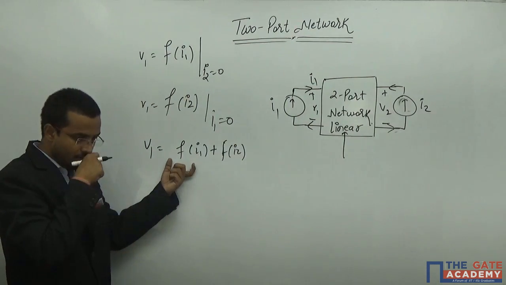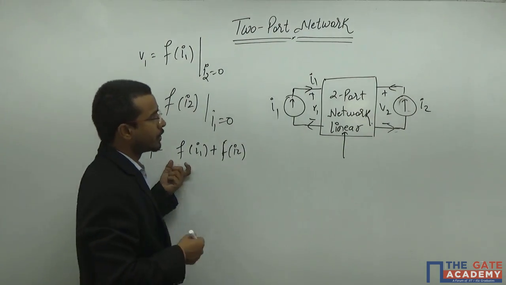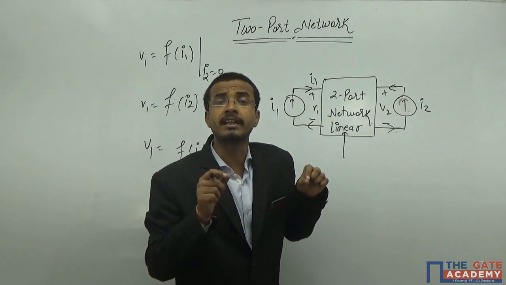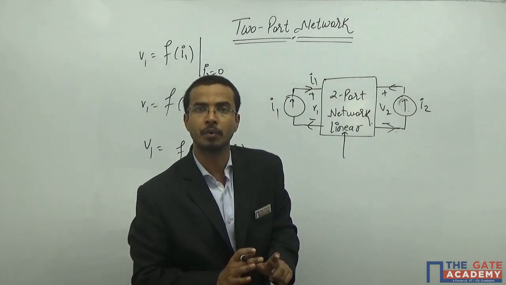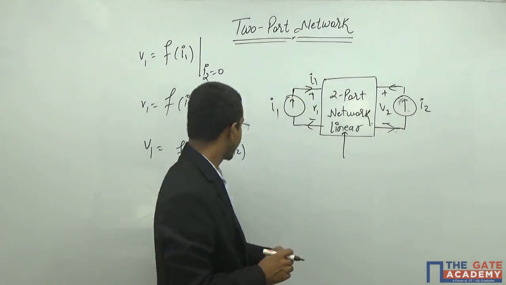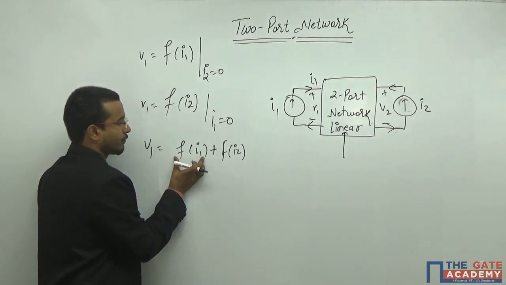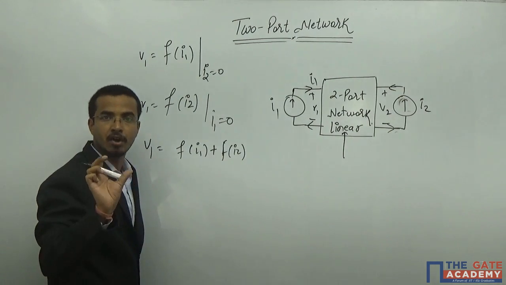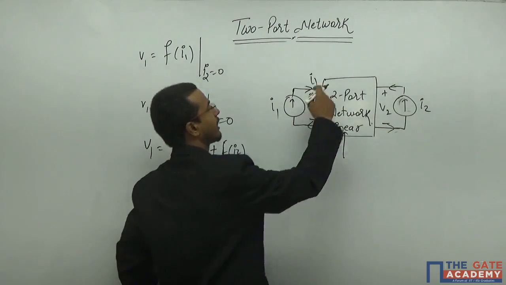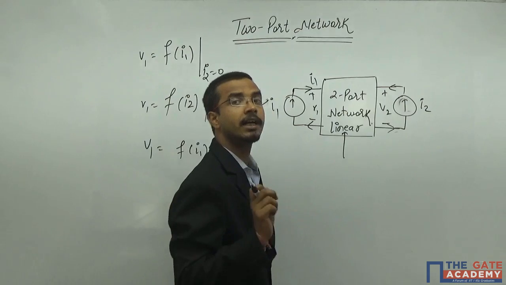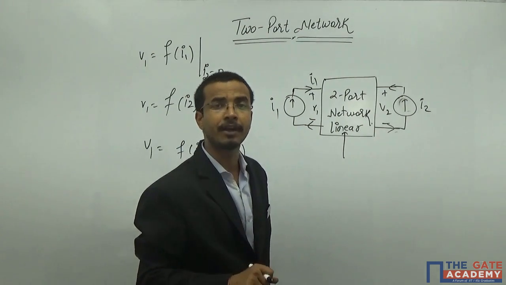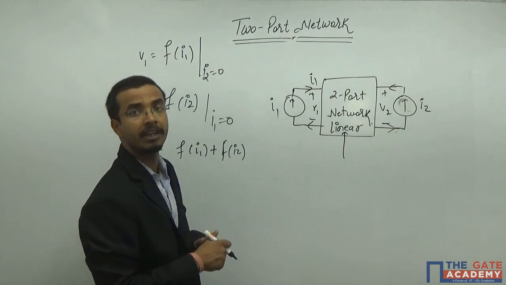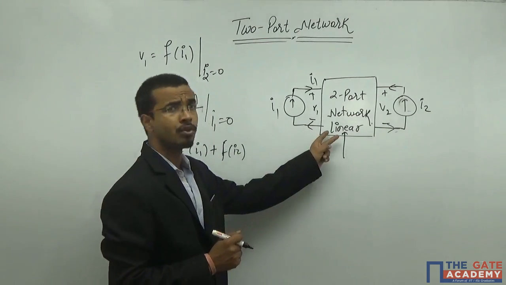And now, if this particular network is linear and does not contain any other independent source, then you will get this function, where I1 will definitely be multiplied by some constant factor only. If this network does not consist of any other independent source. Otherwise, it will violate the linearity of this system if you have any other source also.